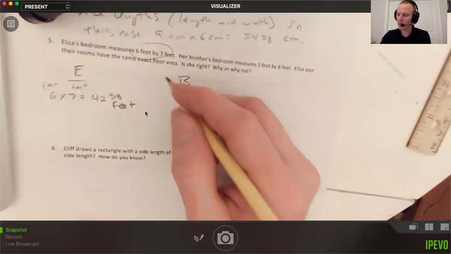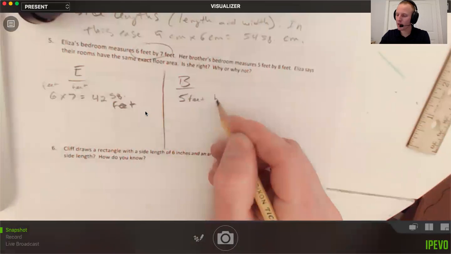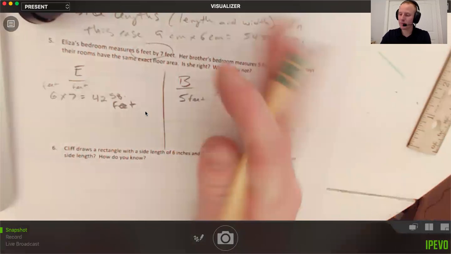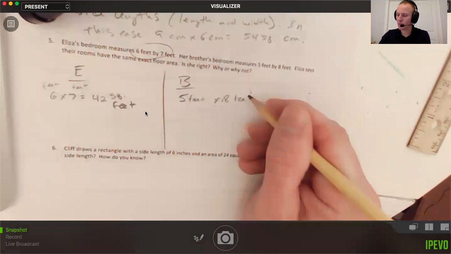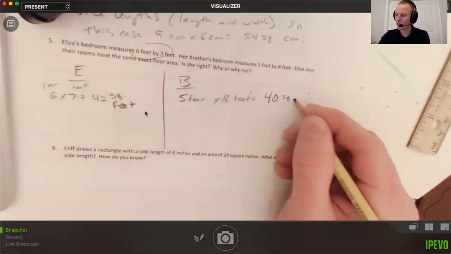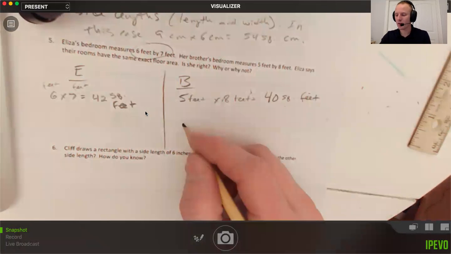Her brother has 5 feet times 8 feet equals 40 square feet. So I would say that she's incorrect because she has 42 square feet and he only has 40 square feet.